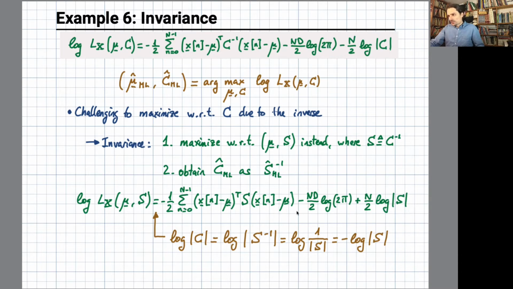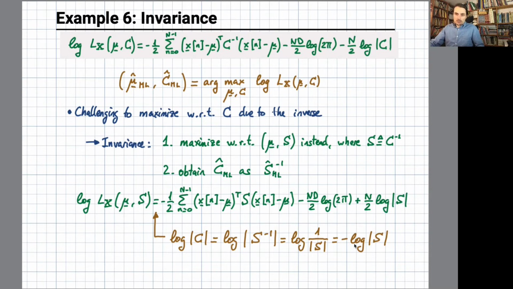This first term here comes just by replacing C inverse with S, right? The second term is just a constant, and the third term involves this logarithm of the determinant of C. Here we can note that the logarithm of the determinant of C is obviously the logarithm of the determinant of the inverse of S, and just by the properties of the logarithm, this is equal to the logarithm of 1 divided by the determinant of S, right?